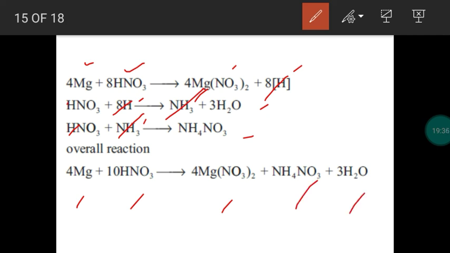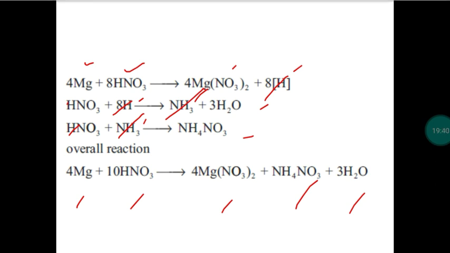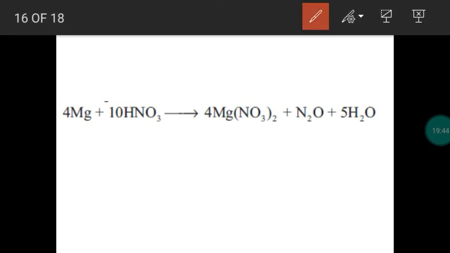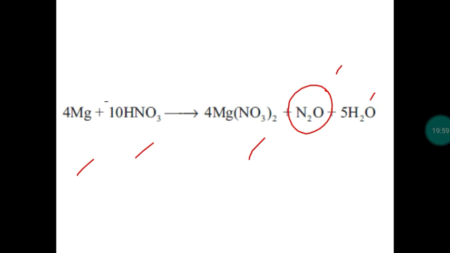So this is the reaction of magnesium with concentrated nitric acid. If it is dilute nitric acid, we get N2O. This is important, 1 mark. When magnesium reacts with dilute nitric acid, we get magnesium nitrate salt along with the liberation of laughing gas, nitrous oxide, along with water.